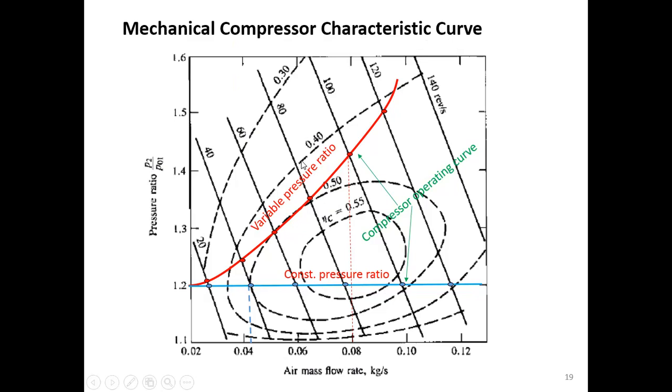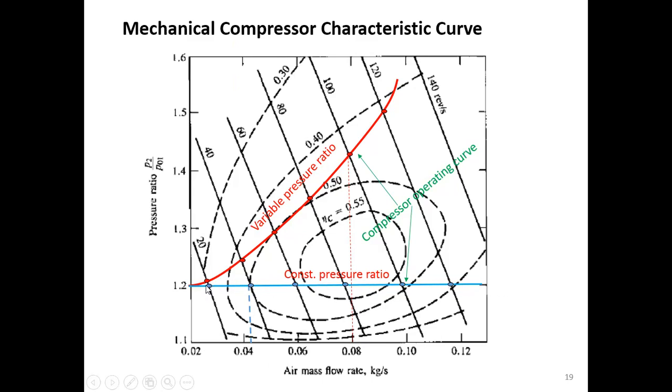I show you 2 ways to operate the compressor. The first way is if we want to operate the compressor under constant pressure. That means no matter what flow happens to the compressor, the pressure ratio of the compressor has to be kept constant.